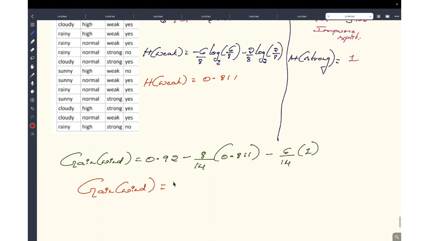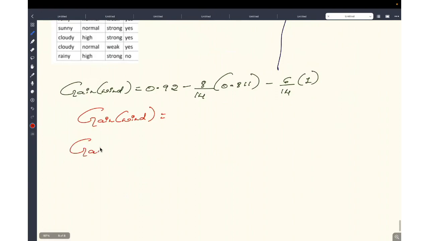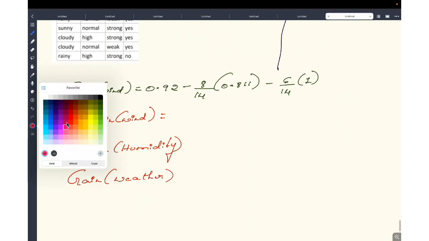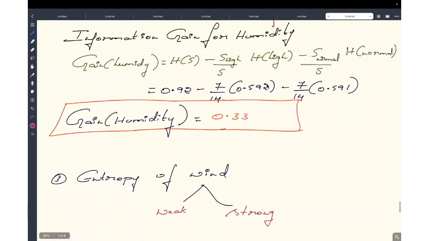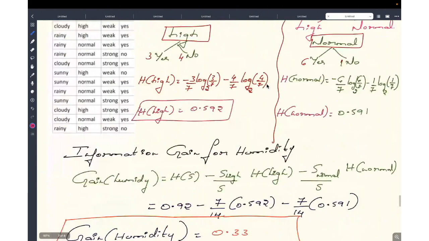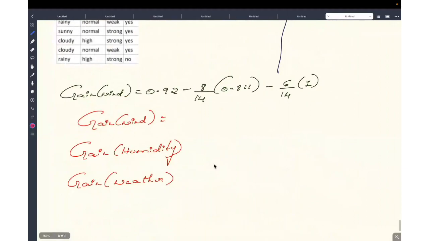Quick answer for this. How many more minutes? Wind, humidity, and then weather. Humidity is 0.33, weather 0.247. One more for wind.